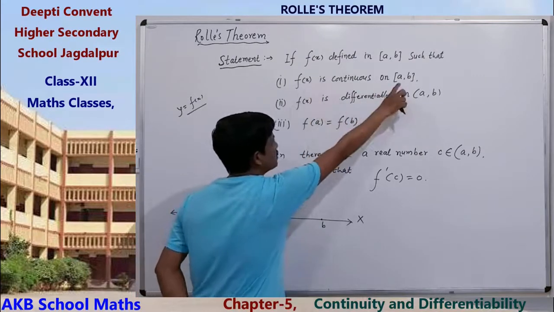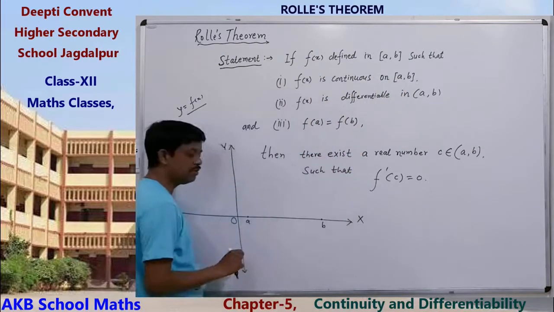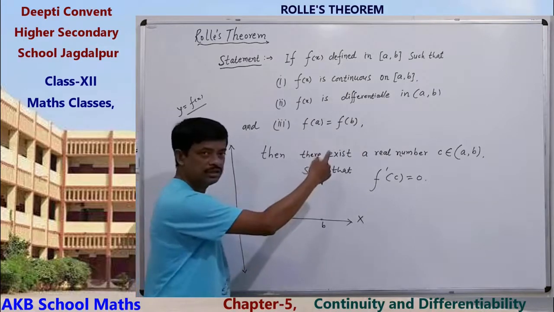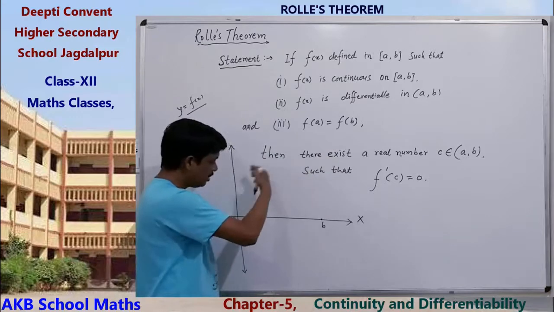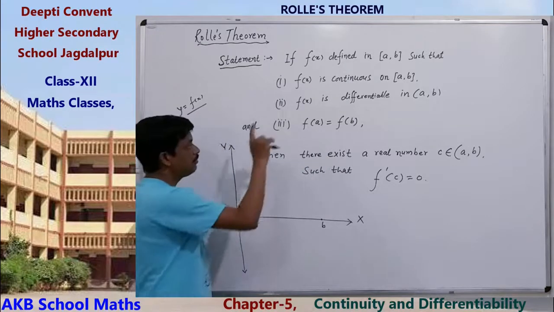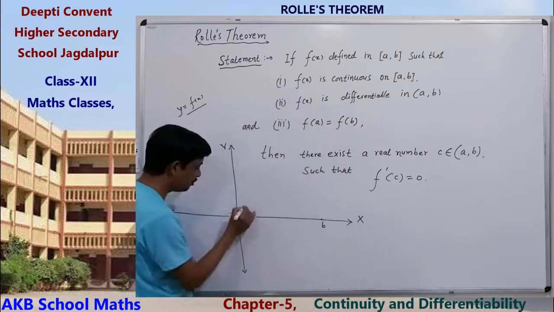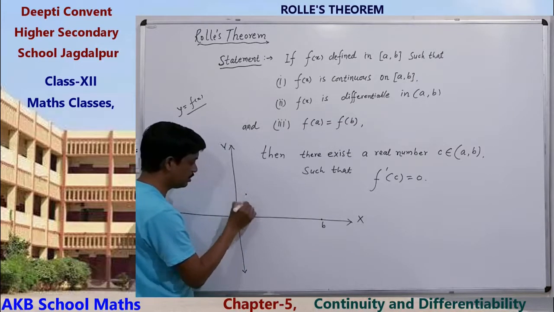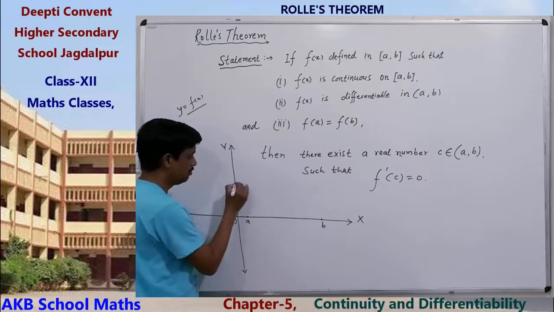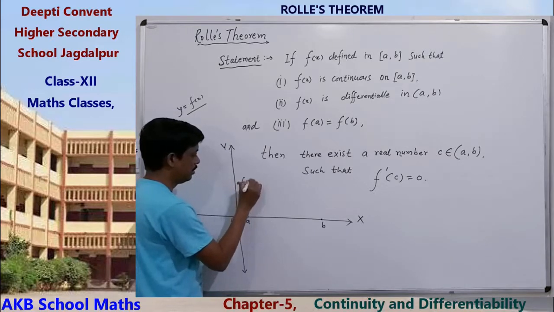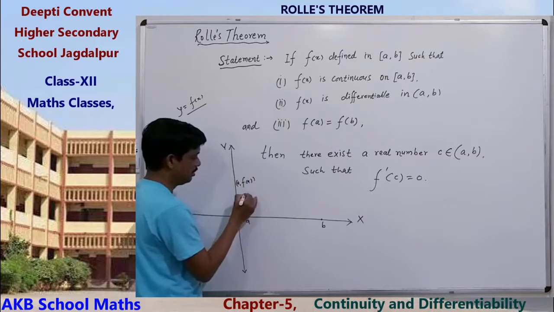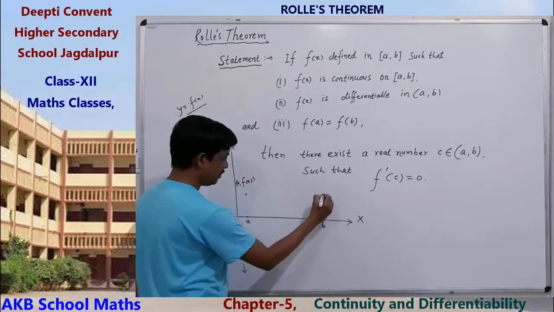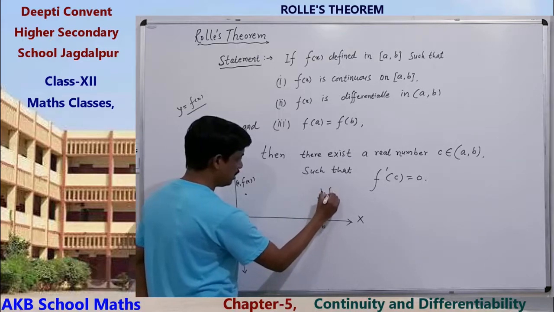Since the function is continuous in the interval [a, b], we can draw the graph of the function continuously in any way. And f(a) equals f(b), which means the value of the function will be the same. This is the point (a, f(a)) and similarly (b, f(b)).